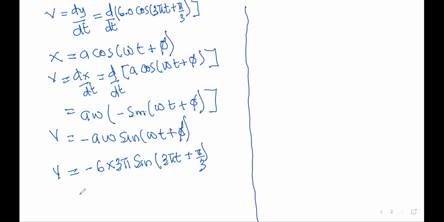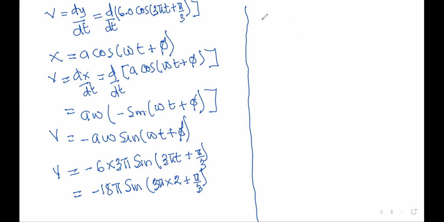So when we differentiate the displacement equation with time, this is what we will get. Minus 18 pi sine of 3 pi, and we are to determine the velocity at time t is equal to 2. So put in the time, 2 plus pi on 3. Note that the phase angle will not change.